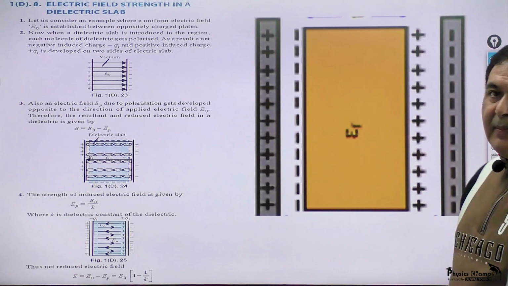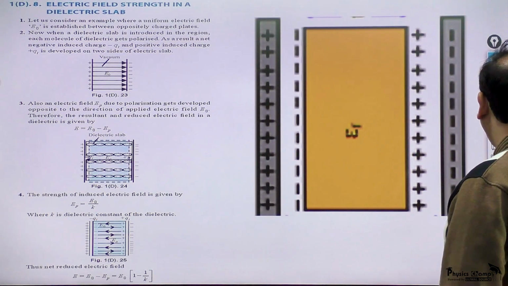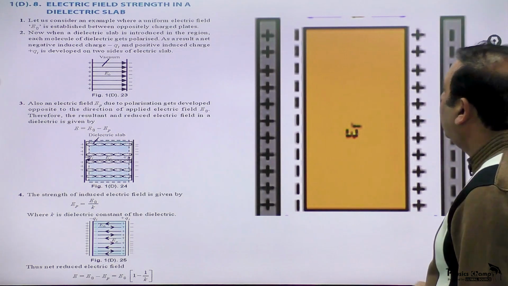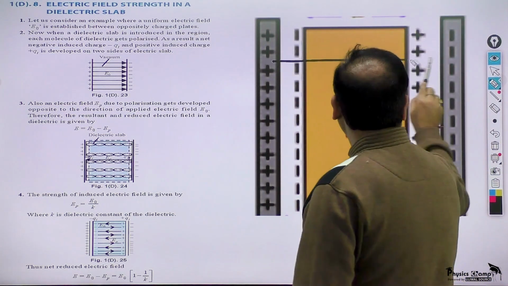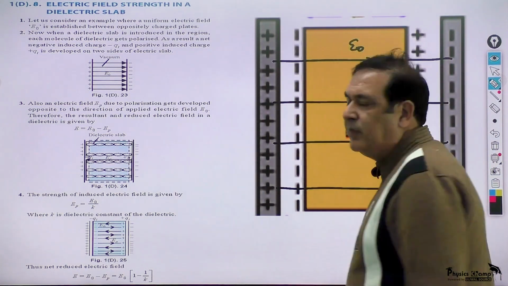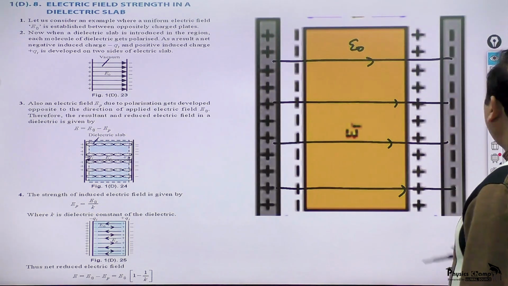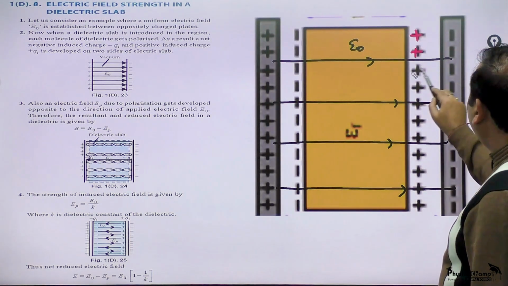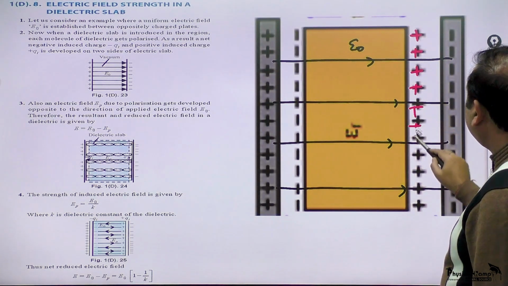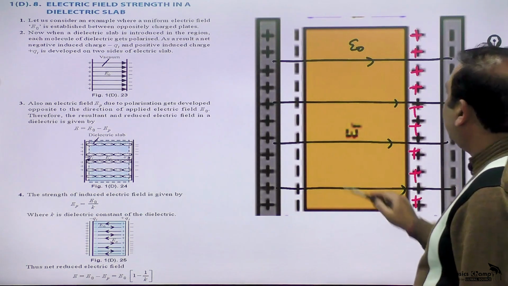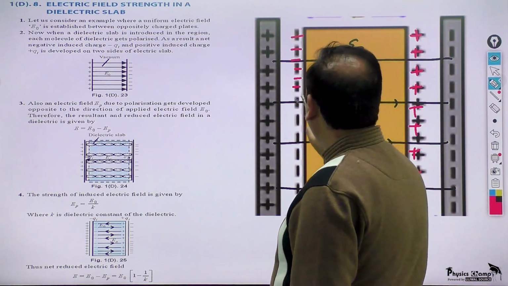Once again, the same arrangement where you have an external electric field between this positive to negative, it is E naught. And at the same time, you can see that this is oppositely charged, the net positive here and net negative here.